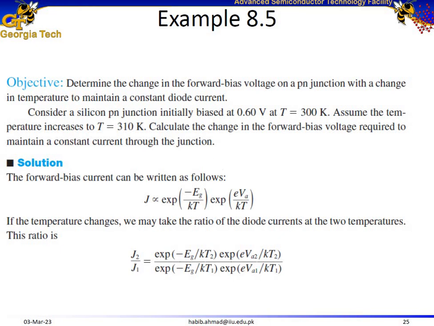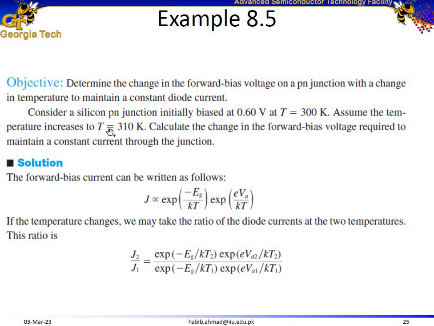So we want to change. First we have an initial voltage at a particular temperature, and we have a particular current density value for that.